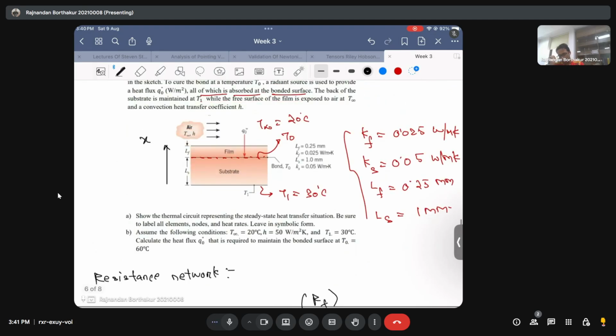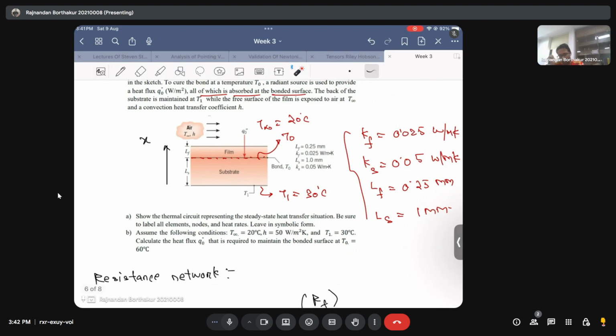But this is not all, because upon reaching the top surface of the film, the energy will see cool air flowing at temperature T infinity, which is at a lower temperature than the nodal temperature at the interface of the film and the air.